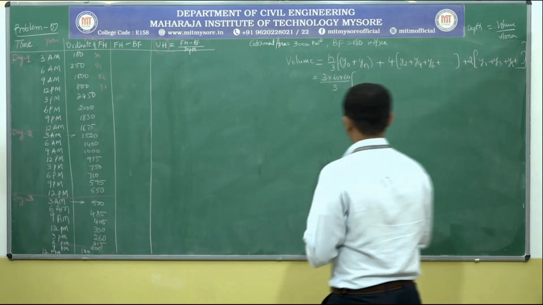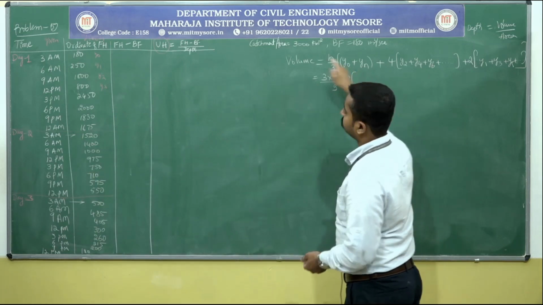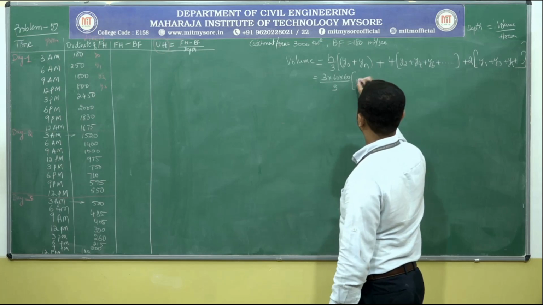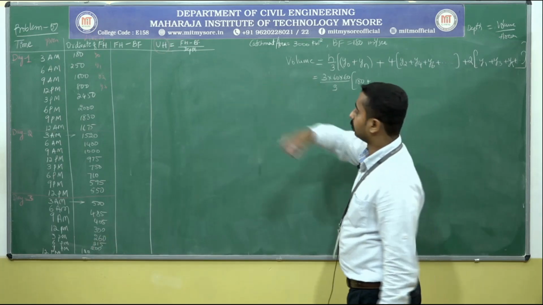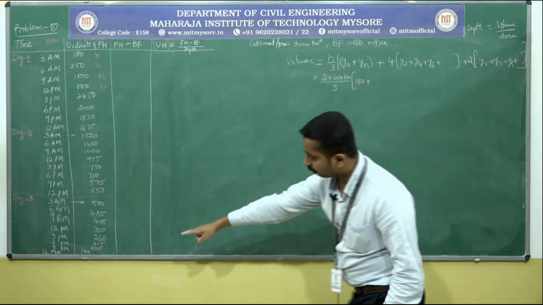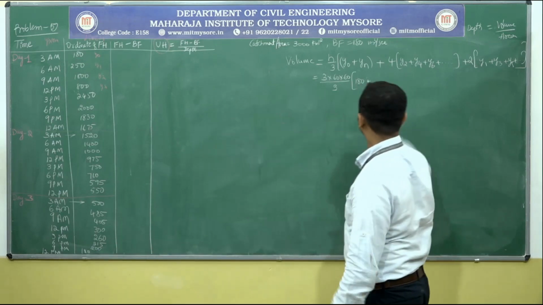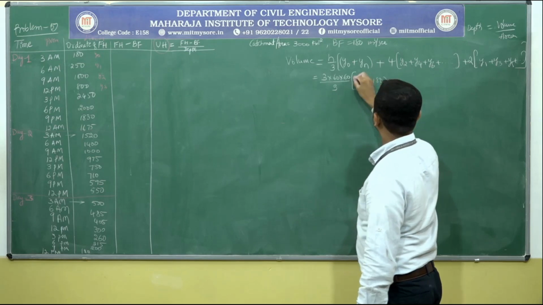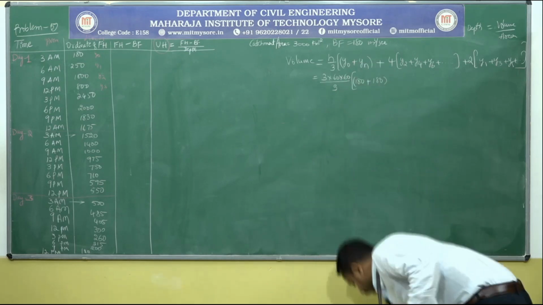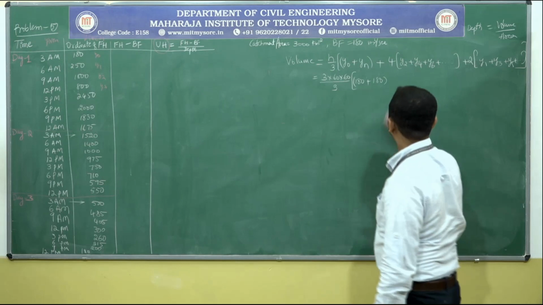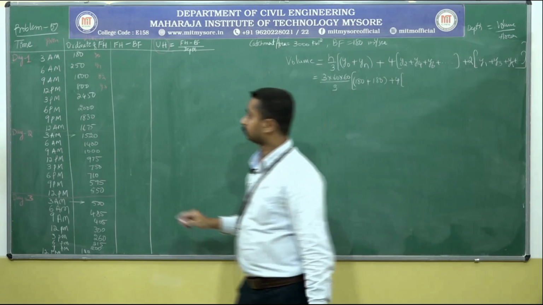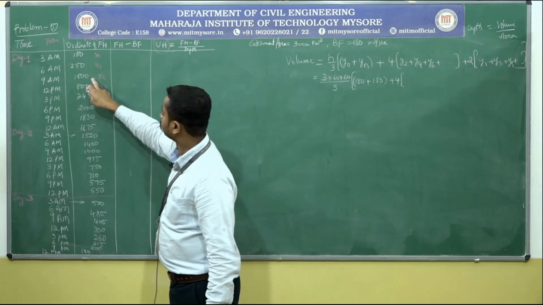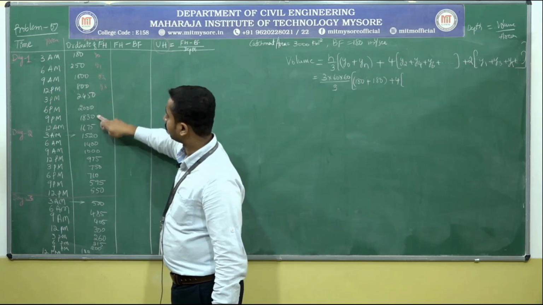The first ordinate is 180 and the last ordinate is also 180. This is the first and last ordinate. Now plus 4 times the even ordinates: y2, next y4, y6 like that.